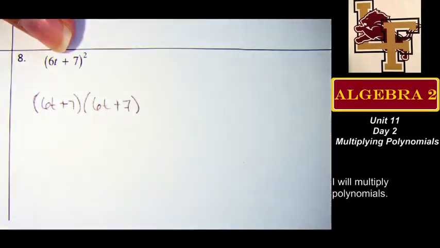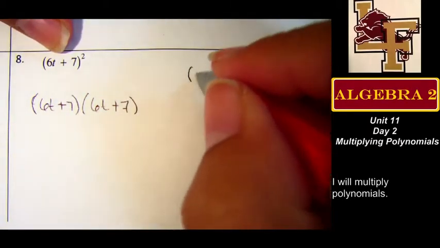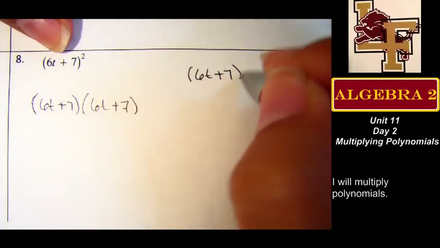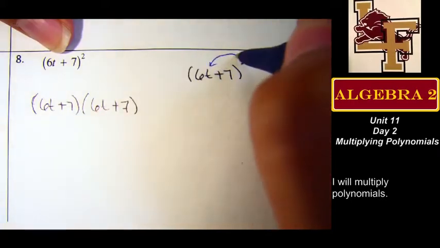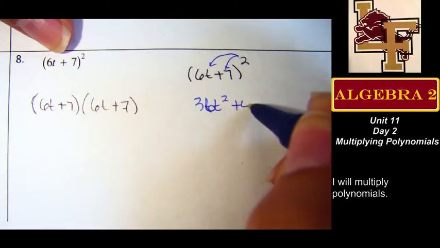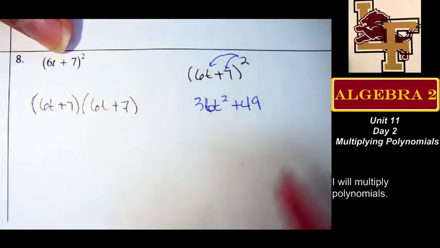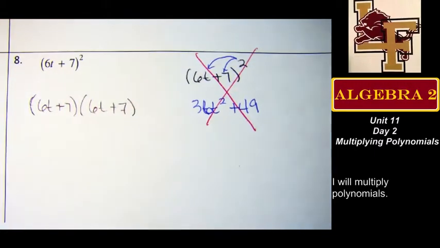I have seen in this class, in a bunch of others over the years, I have seen this. Please no. Do not distribute the power if you have anything with additions or subtractions in it.